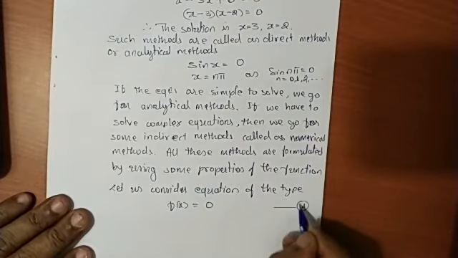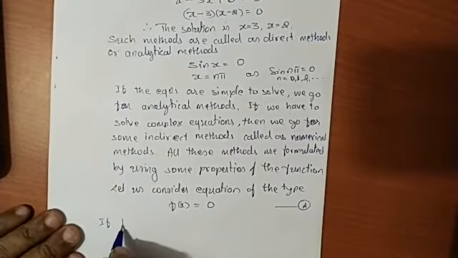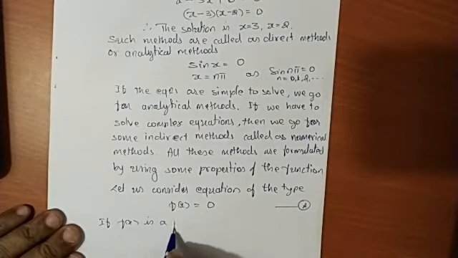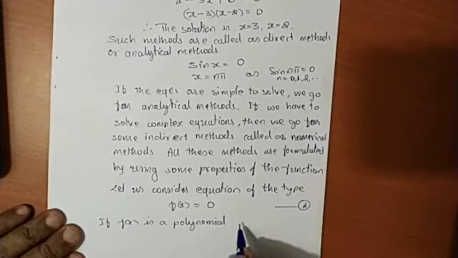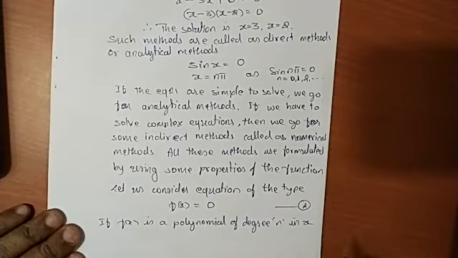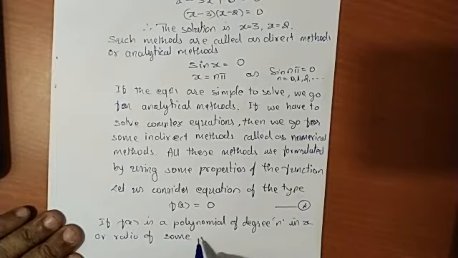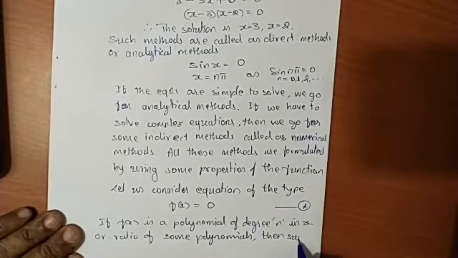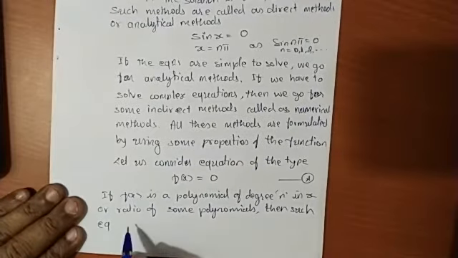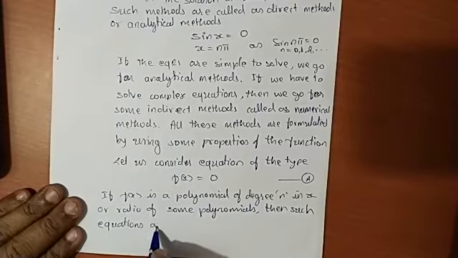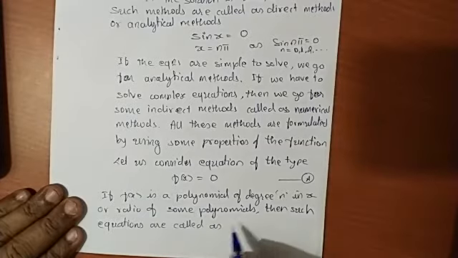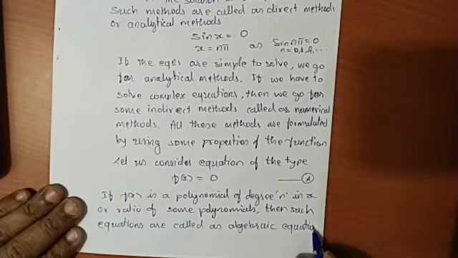I call this expression A. If f of x is a polynomial of degree n in x, or a ratio of some polynomials, then such equations are called algebraic equations.